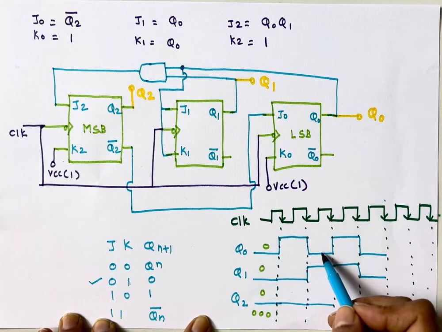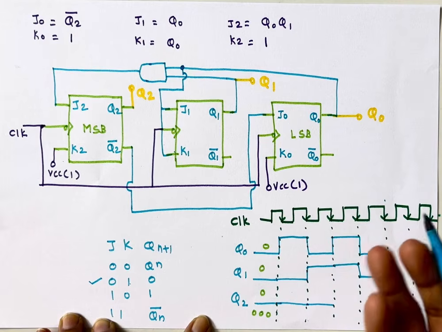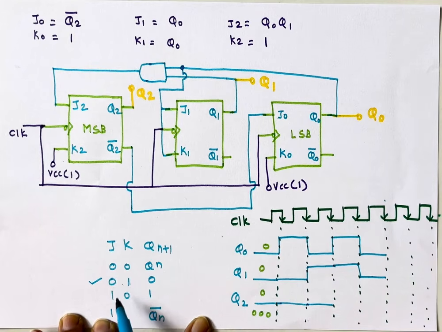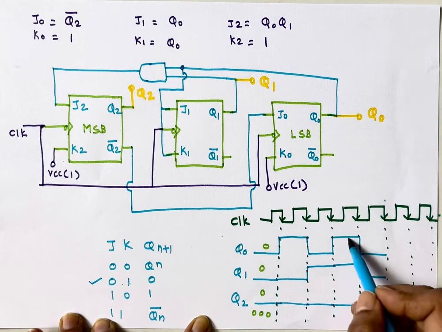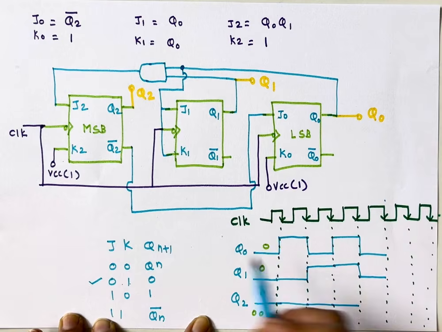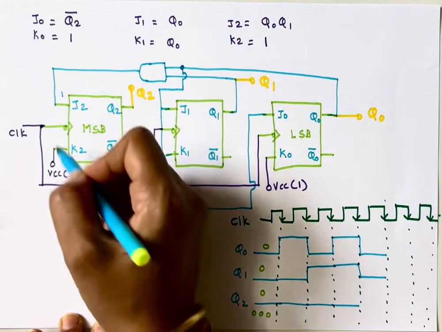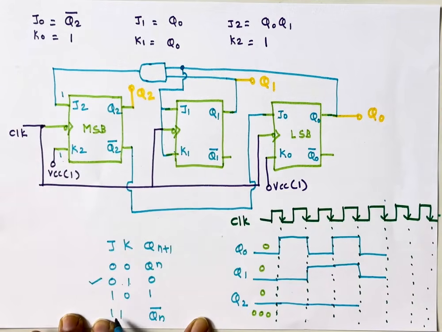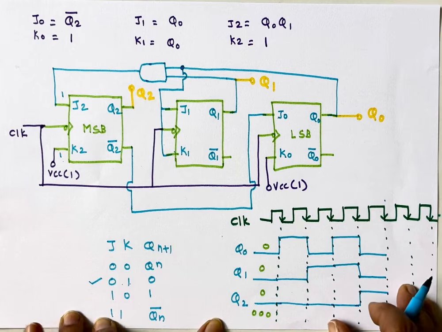Here also 0 into 1 is again 0. The condition is 0, 1, so the next state output will remain the same. 1 into 1 is 1, so now J is 1 and K is also 1. So the next state is the complement of present. Present is 0, so the next will become 1.